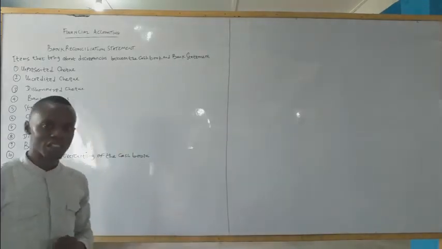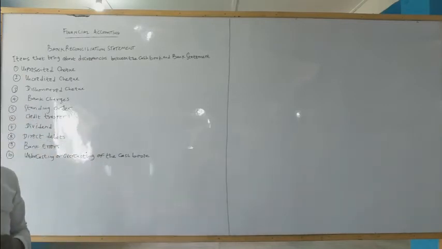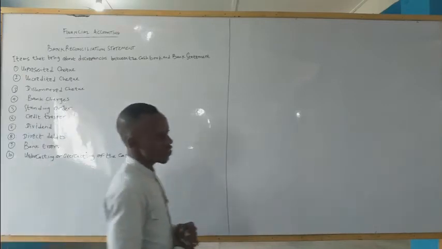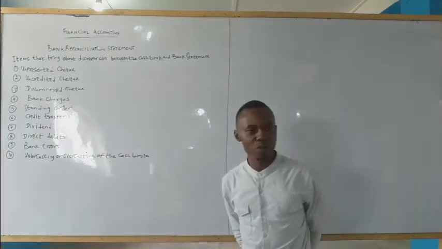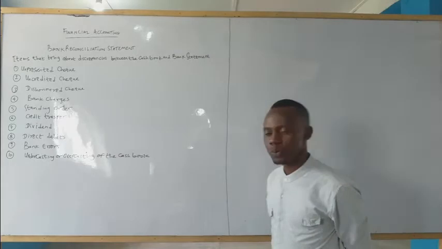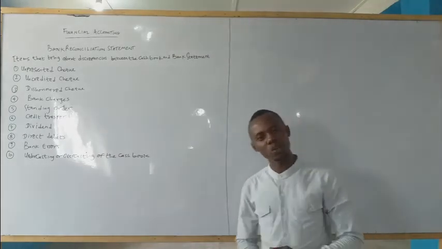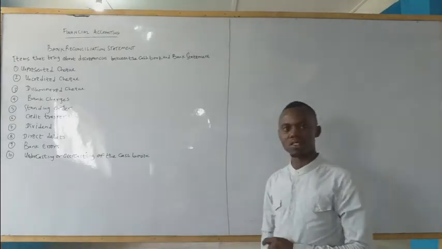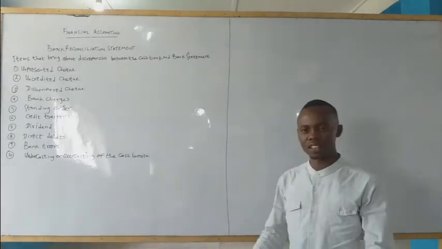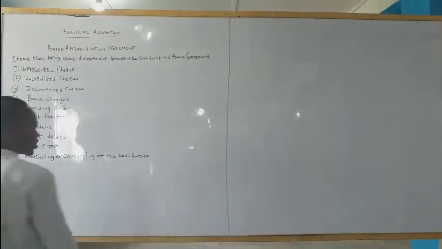So what are those entries or transactions? I've listed some of them on the board. So I would say a bank reconciliation statement is a statement that is prepared to reconcile the differences between the bank column of the cash book and the bank statement of a business organization. That's just a brief definition.